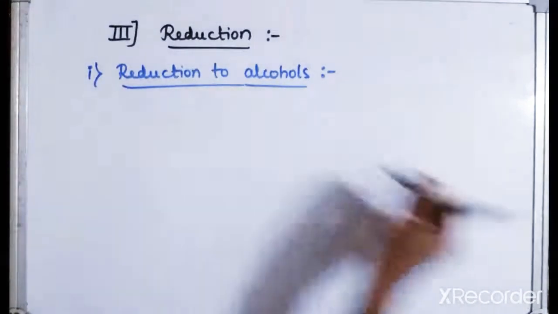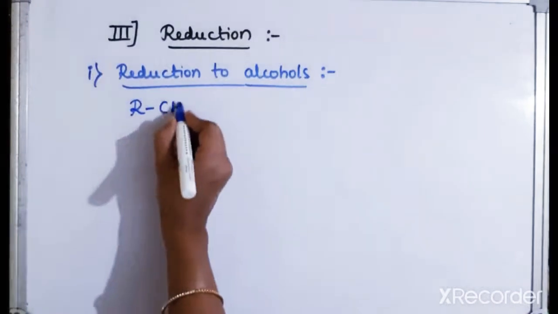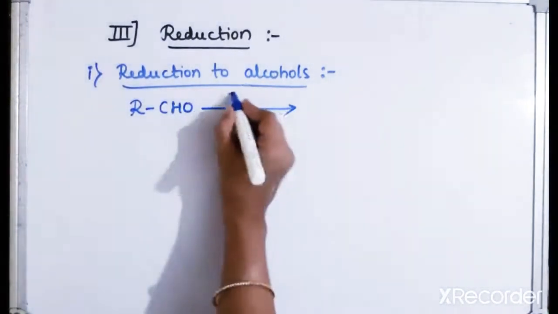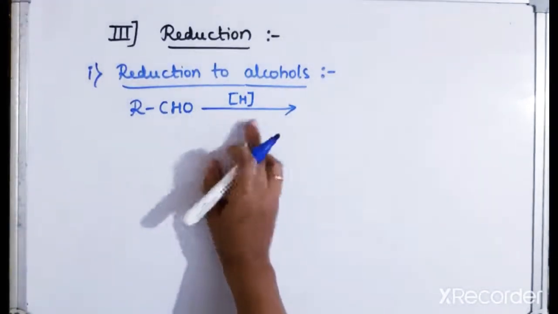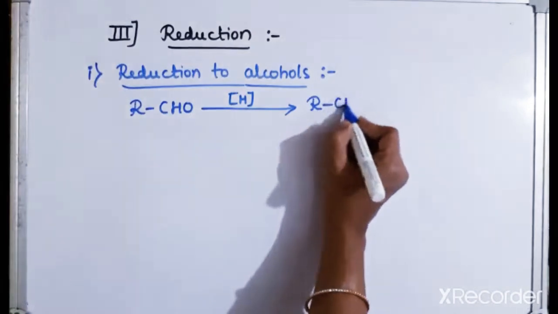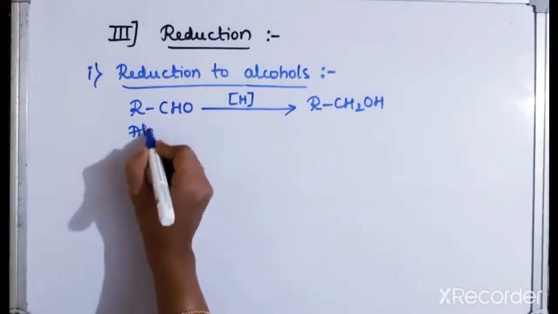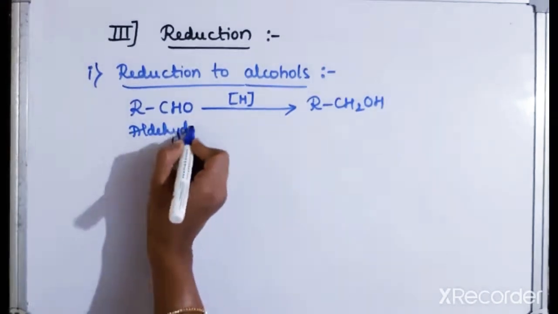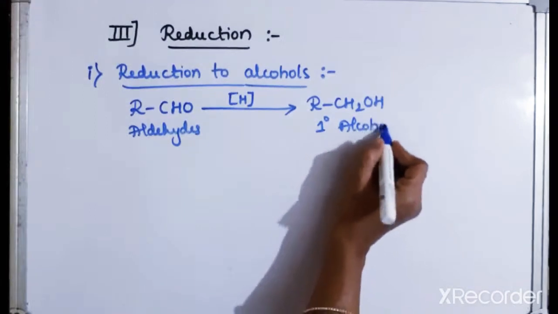Here I can write the examples. If I take an example of an aldehyde, on reduction, that is addition of hydrogen, it results in the formation of primary alcohols, RCH2OH.